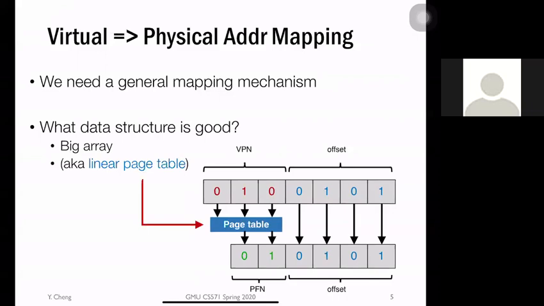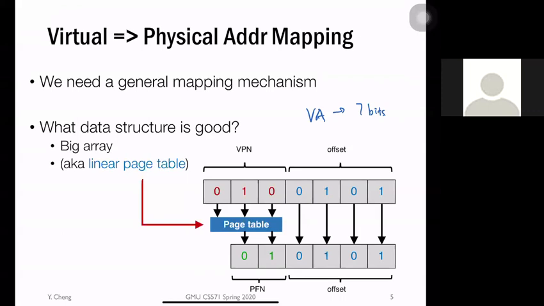If you take a look at the example shown on this slide, as a toy example, it shows a 7-bit virtual address. First of all, how do we decide the size of the virtual page or the size of the physical frame?